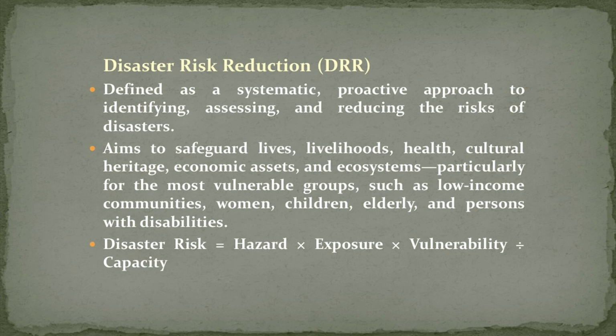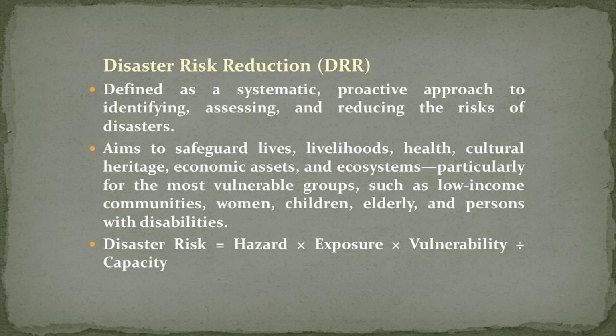DRR applies not only to natural hazards but also to human-made hazards, for example industrial accidents, or hybrid threats like pandemics triggered by climate events, minimizing adverse impacts through planned, evidence-based actions.